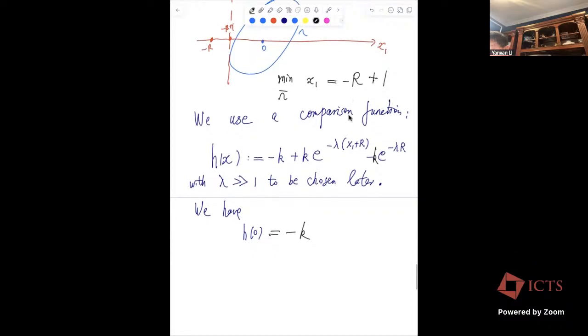You also know that h should be less than 0 on the boundary of omega.